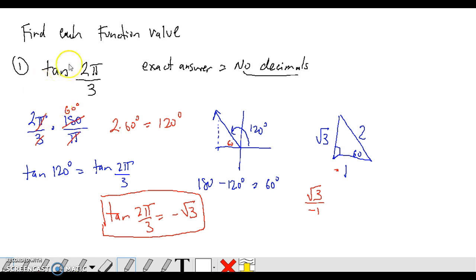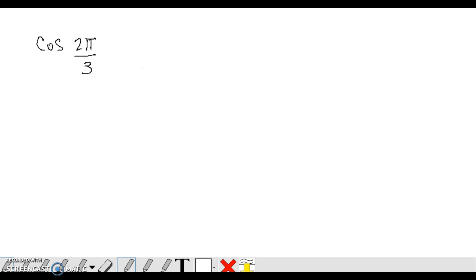All right, let's try cosine. So next example, let's say cosine of 2 pi over 3. Notice that it's very similar to my tangent of 2 pi over 3, so I already have this triangle made up for this one.